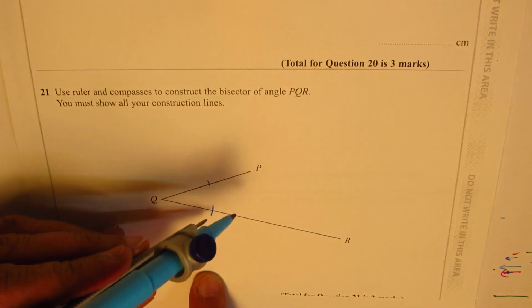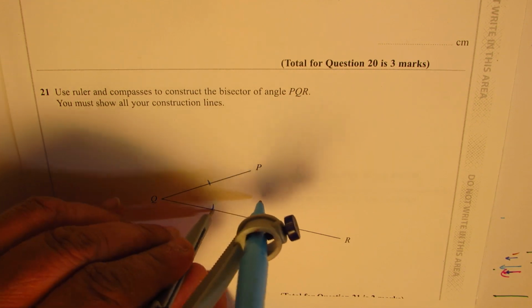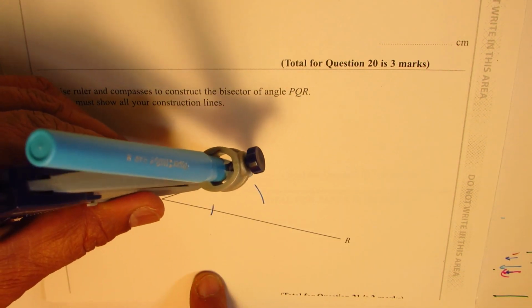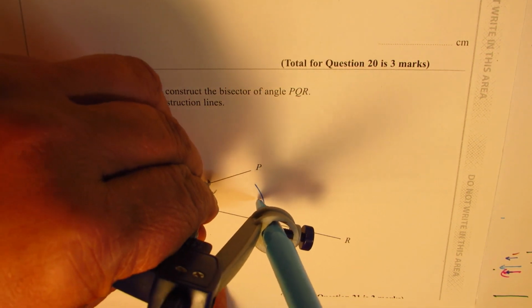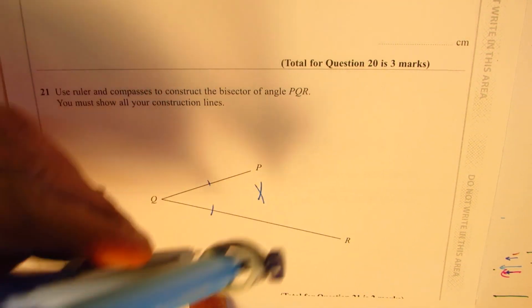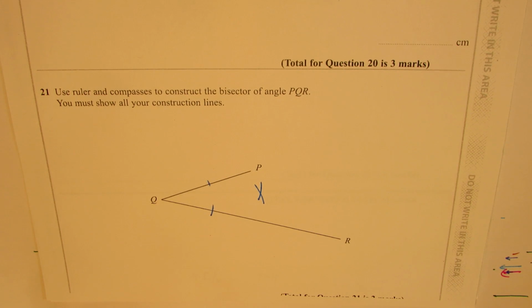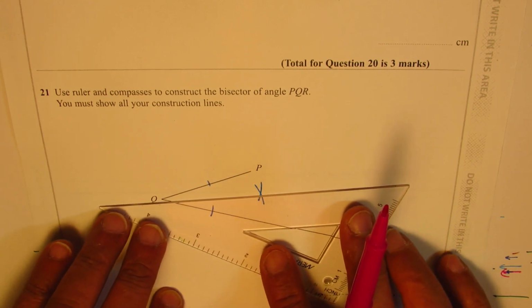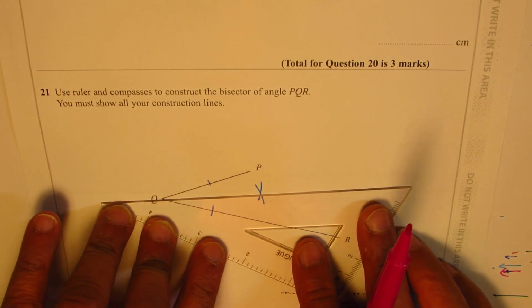At those points, we can again keep the compass with the same arc. We have to cut the arc right in the center. Once you do that, we get a point which can be joined with the vertex Q. And once you join that, that becomes the bisector of the angle, correct?